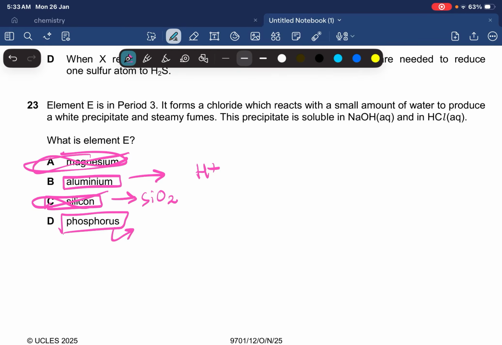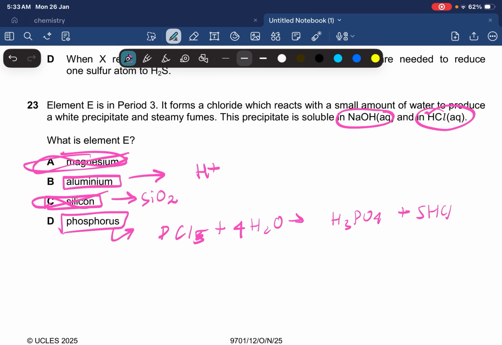For phosphorus, if you have PCl5 and make it react with water, we form H3PO4 plus 5HCl. They've said that the precipitate is soluble in NaOH and HCl. Firstly, we're not forming a precipitate here, so this is incorrect.